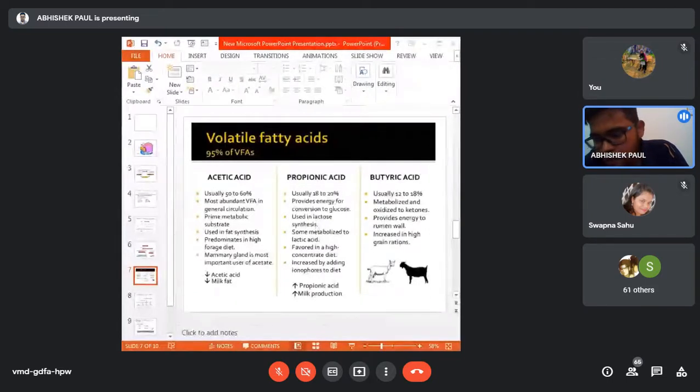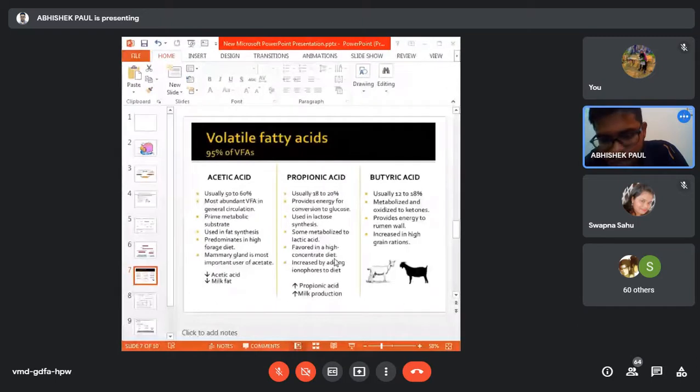Propionic acid is a precursor of the milk sugar called lactose. Propionic acid production can be enhanced by a concentrate diet. By offering more concentrate, you can produce more propionic acid in the rumen.